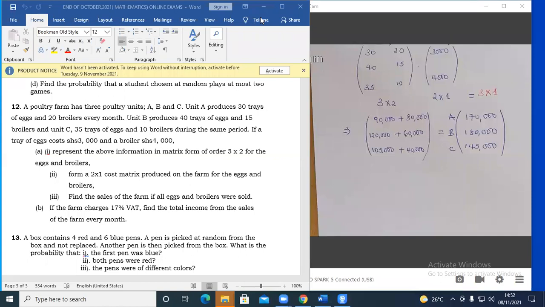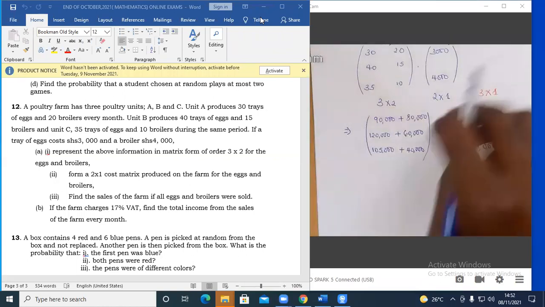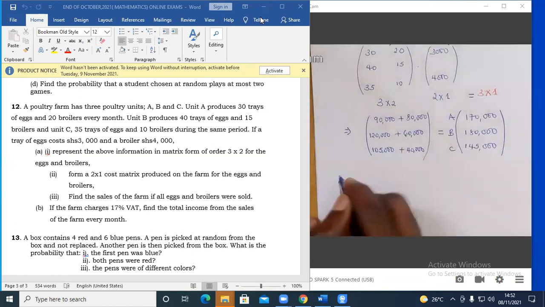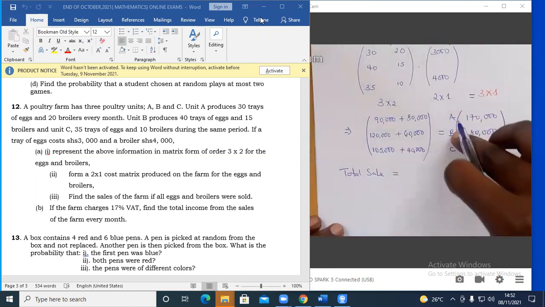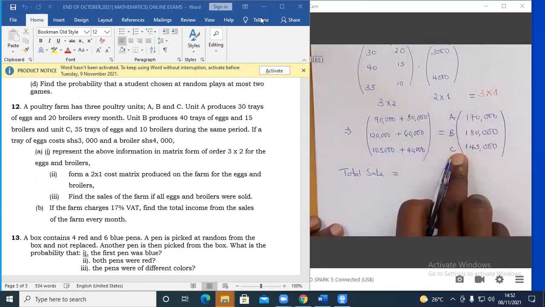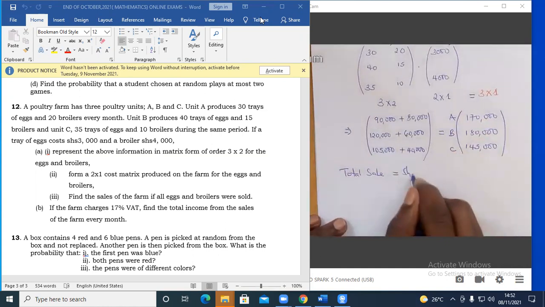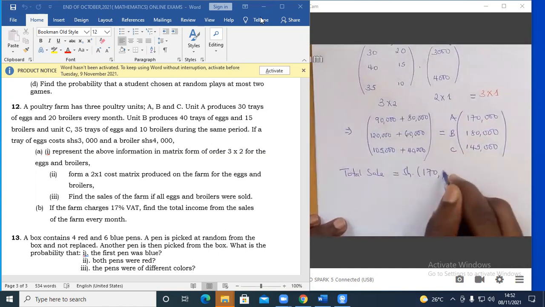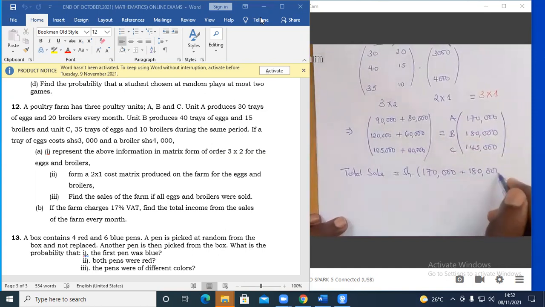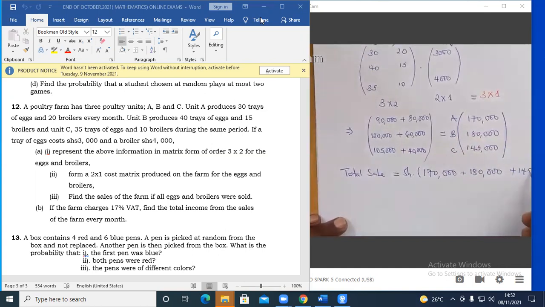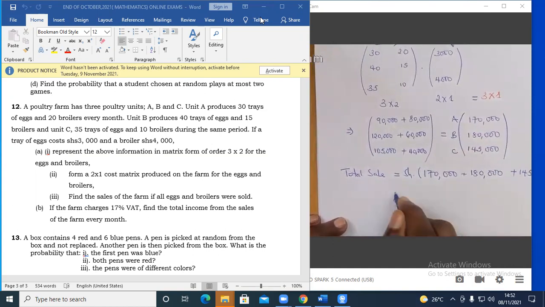This farm has 3 units, so to get the total sale you add unit A plus unit B plus unit C. You put 170,000 plus 180,000 plus 145,000.